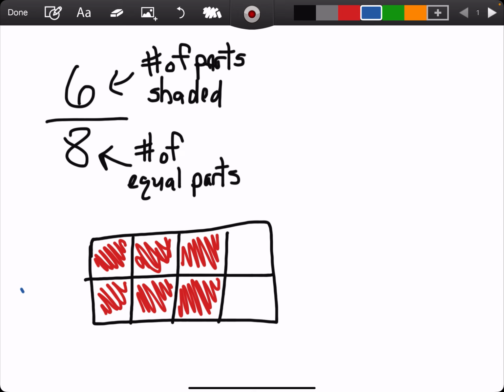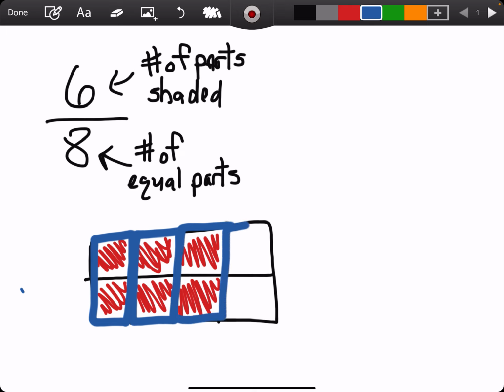I want fewer than 8 equal parts. So I could group 1, 2, 3, 4. I now have 4 equal parts.